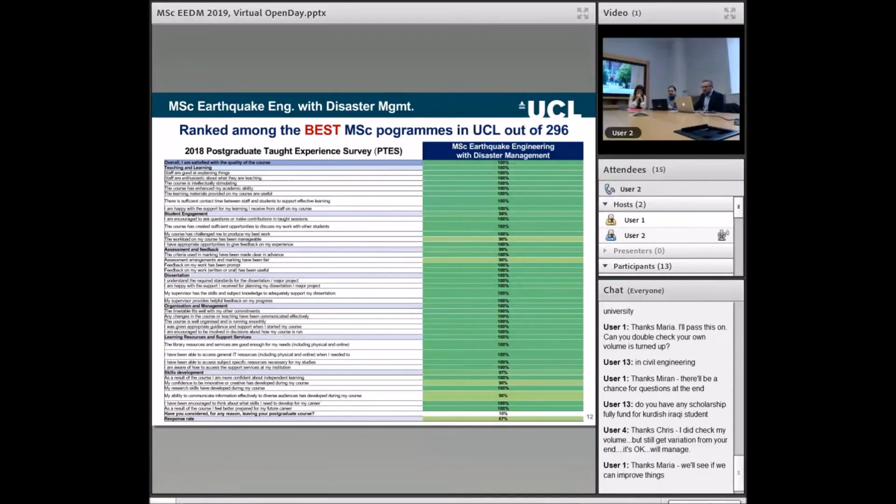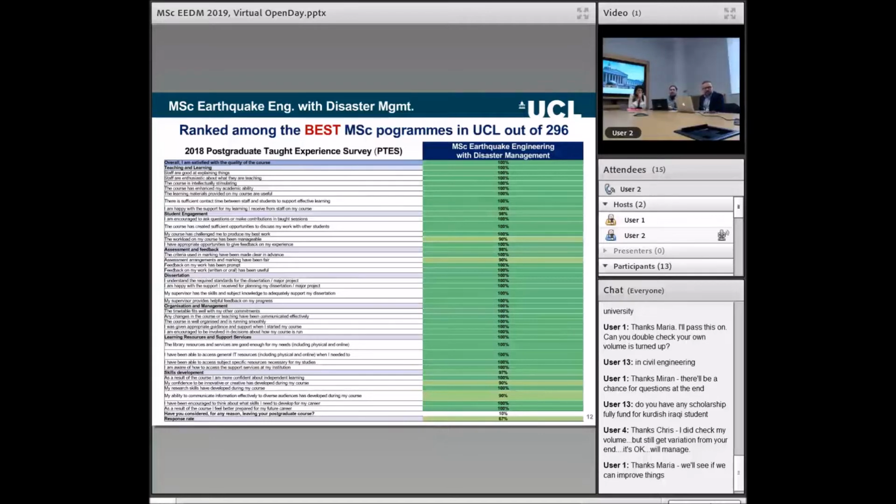This is some of the rankings that we got from the Postgraduate Taught Experience Survey, sorry for the title, which is an independent non-governmental organization which each year assesses the MSc programs which are offered in the UK. And we're lucky, we are among the best MSc programs in UCL, which has more than 290 programs.